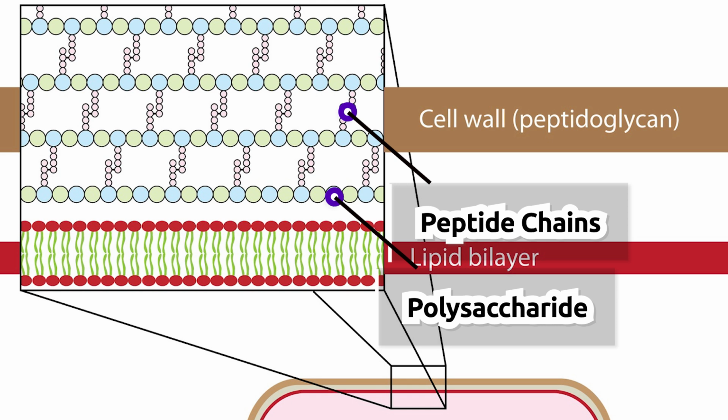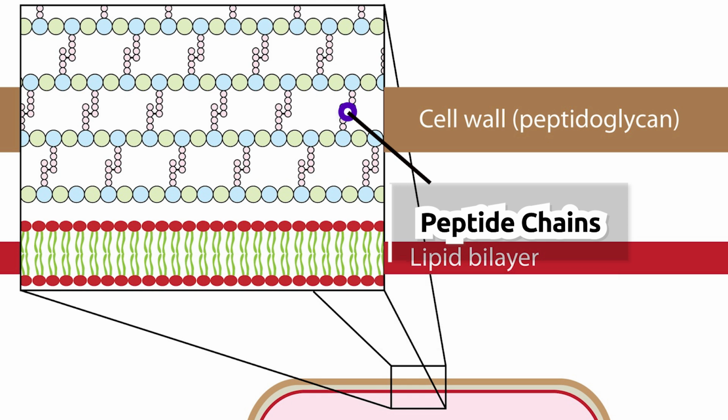That polysaccharide chain of those glucose or other sugar molecules, all of those are going to be connected to one another via peptide linkages. And a peptide is just a small form of a protein, aka a whole bunch of amino acids bound together. And one of those amino acids, specifically on the bacterial cell wall, that is involved in this peptide linkage is D-glutamate, or D-glutamic acid.